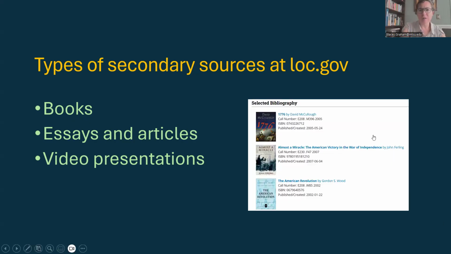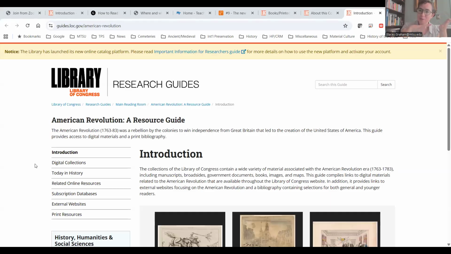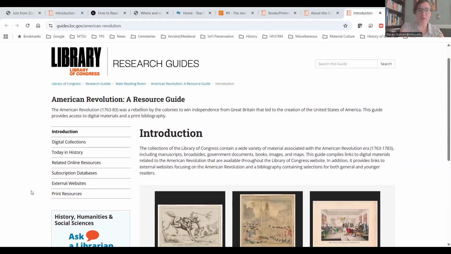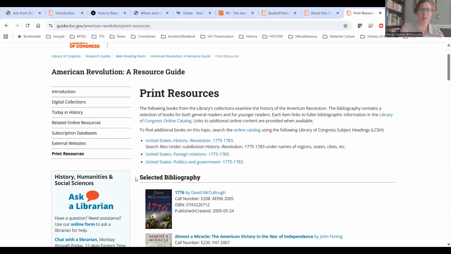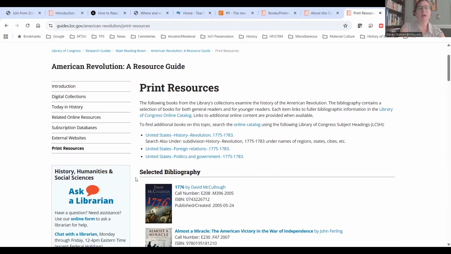For starters, the research guides at the Library of Congress, which I'm going to go to my browser screen now. So research guides are a good place to find secondary sources on a particular topic. Sometimes they'll take you to online ones, and sometimes they will recommend print ones. For example, there's always this tab for print resources on the left-hand column.